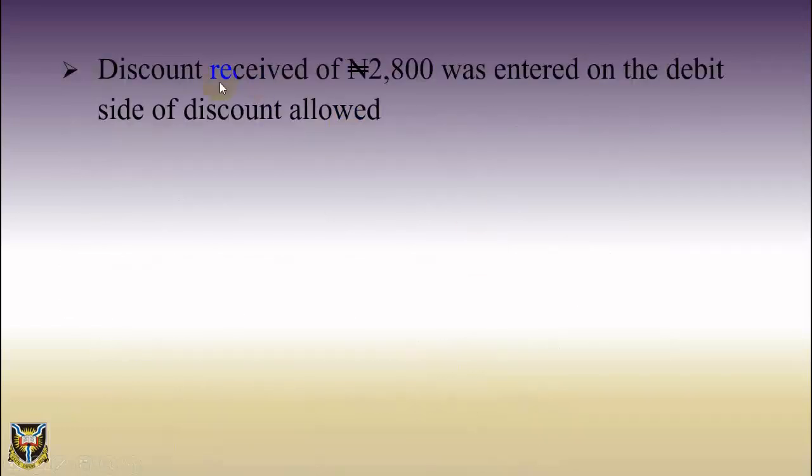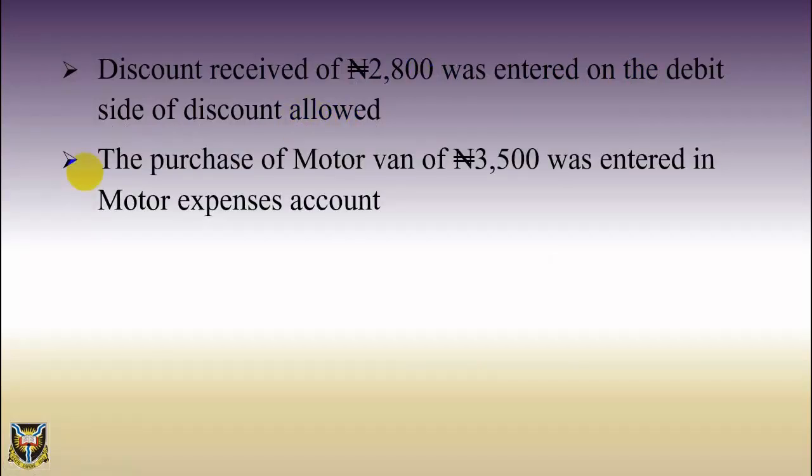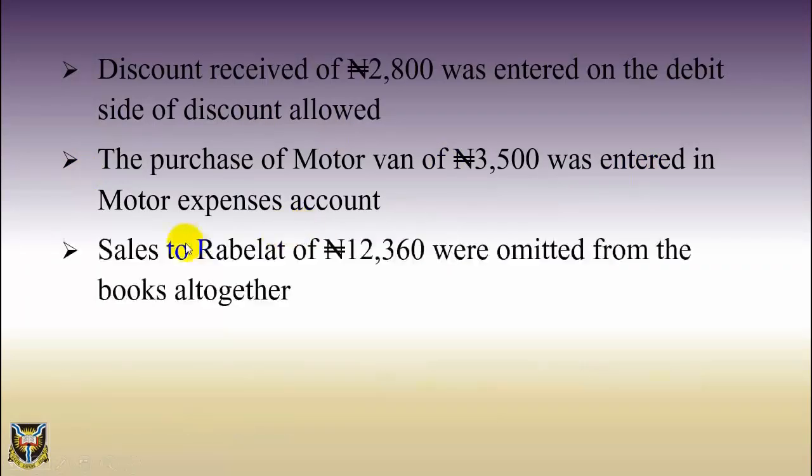F. Discount received of 2,800 naira was entered on the debit side of discount allowed. G. The purchase of motor van of 3,500 naira was entered in motor expenses account. H. Sales to Rabilat of 12,360 naira were omitted from the books altogether.